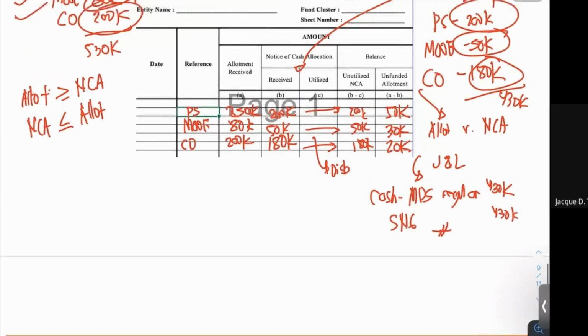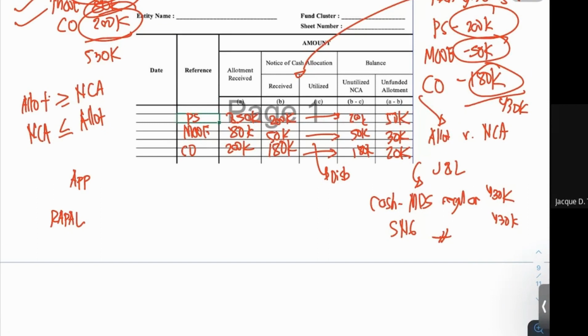Okay, so let's take a look again at the whole relationship. So once there is an appropriation, you record the appropriation on your RAPAL. Then there will be an allotment. You record it also in your RAPAL together with your RAOD and your RANCA. Okay?